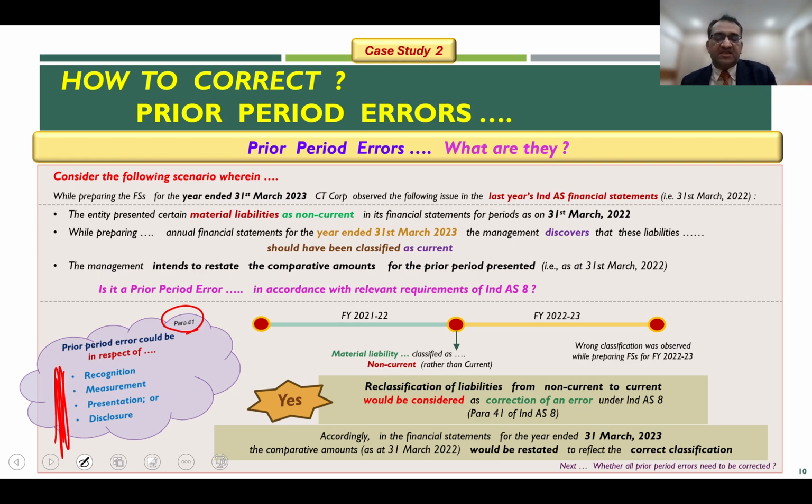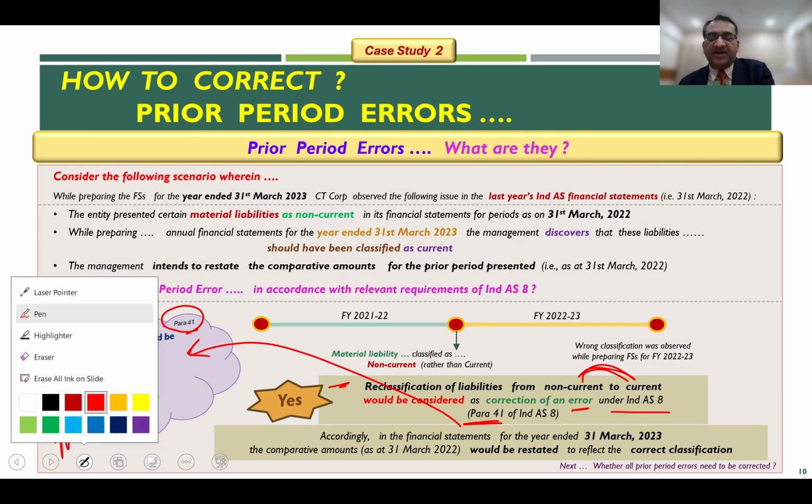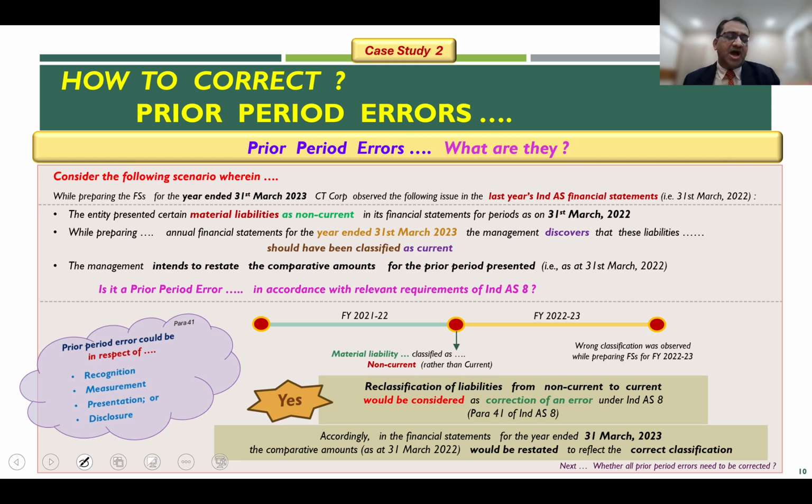So in this case, yes, the reclassification of liabilities from non-current to current is considered a correction of error within the meaning of Ind AS 8 or IAS 8. Because if you read paragraph 41, which we have explained here, read with the paragraph 5 definition of prior period errors, yes, it meets the definition of prior period error.